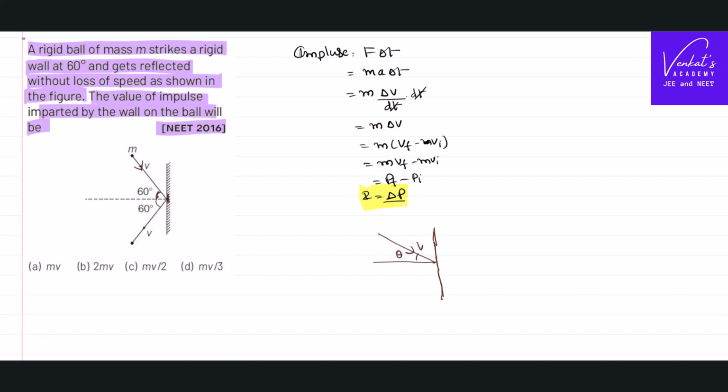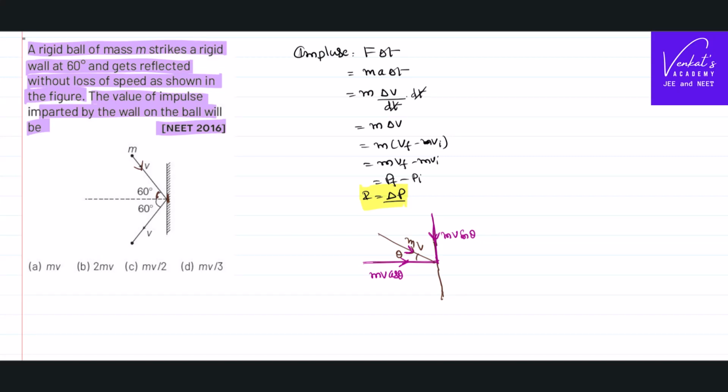So the momentum is mv, which can be resolved into components. This will be the adjacent component because it is adjacent to theta. This is mv cos theta. This is the vertical component, mv sin theta. I want you to notice the directions carefully. As the momentum is approaching the origin, both the components are approaching the origin, that is before collision.